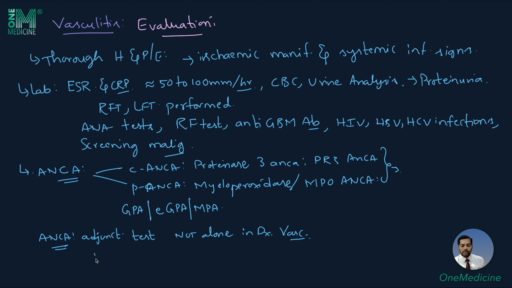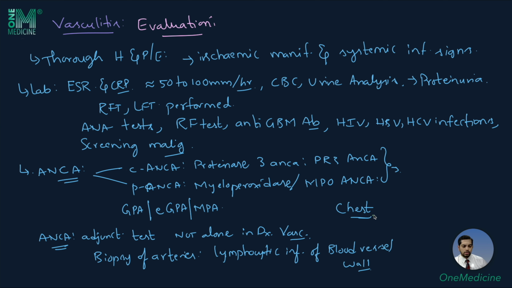In diagnosis of vasculitis, biopsy of affected arteries plays a vital role, where there is lymphocytic infiltration of the blood vessel wall. Chest X-ray can also be used to look for pulmonary involvement.